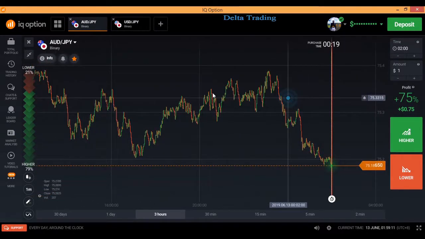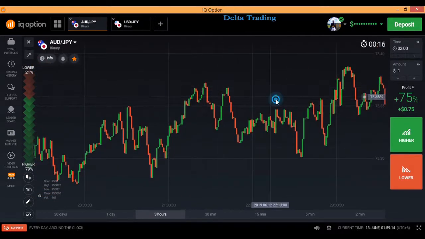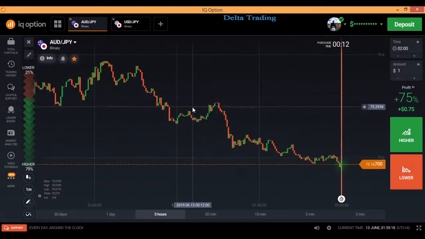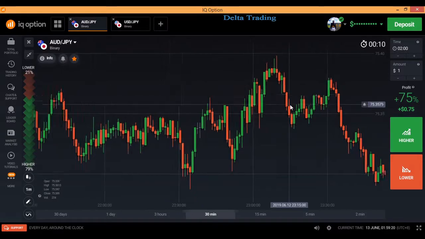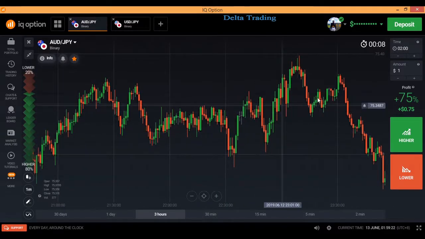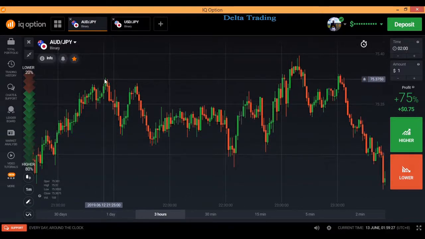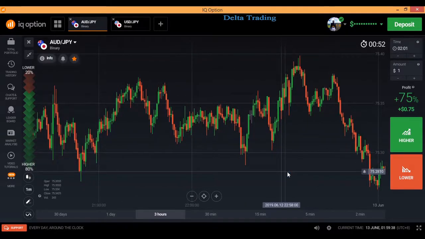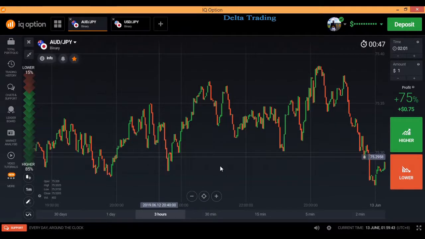Now, as we can see, let's start here. As we zoom in, how can you identify? First, you have to look at the movement of the candles. You have to identify the highest point where it reverses and the lowest point where it reverses.